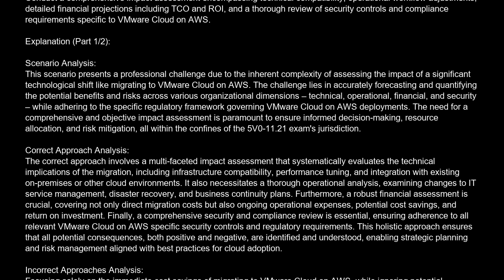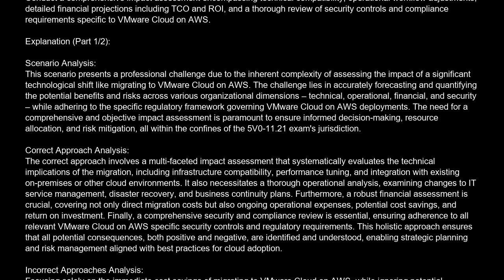Explanation. Scenario analysis. This scenario presents a professional challenge due to the inherent complexity of assessing the impact of a significant technological shift like migrating to VMware Cloud on AWS. The challenge lies in accurately forecasting and quantifying the potential benefits and risks across various organizational dimensions: technical, operational, financial, and security, while adhering to the specific regulatory framework governing VMware Cloud on AWS deployments.